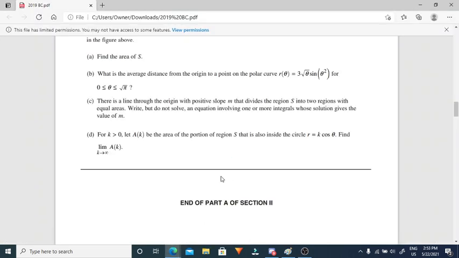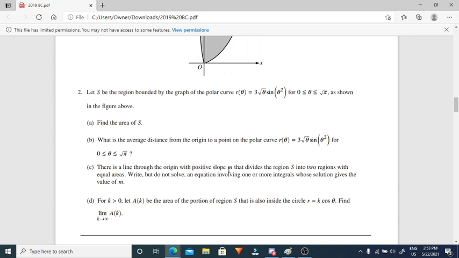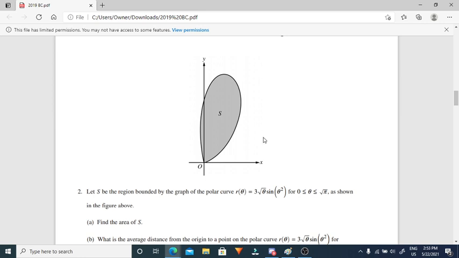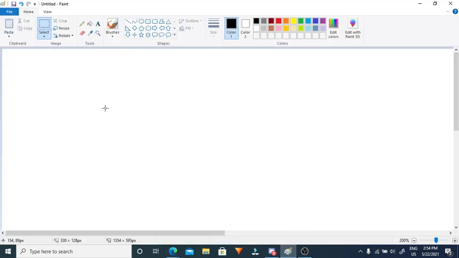We're going to use that information to solve this question. It's asking, for k greater than 0, let A of k be the area of the portion of region S that is also inside the circle r equals k cosine theta. Find the limit as k approaches infinity. So all that means is we're going to find the area of S, but only in quadrants 1 and 4. Luckily, none of it goes into quadrant 4, so we only have to worry about quadrant 1, which is only the integral from 0 to pi over 2. So that's the first quadrant.